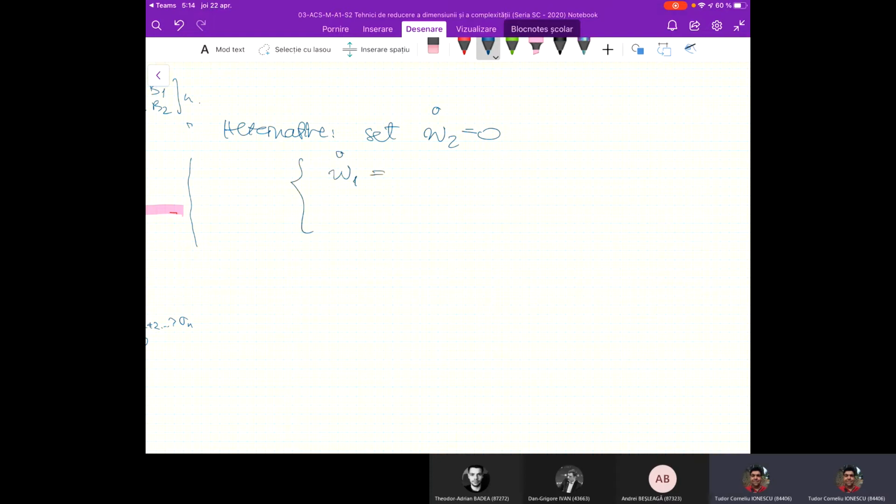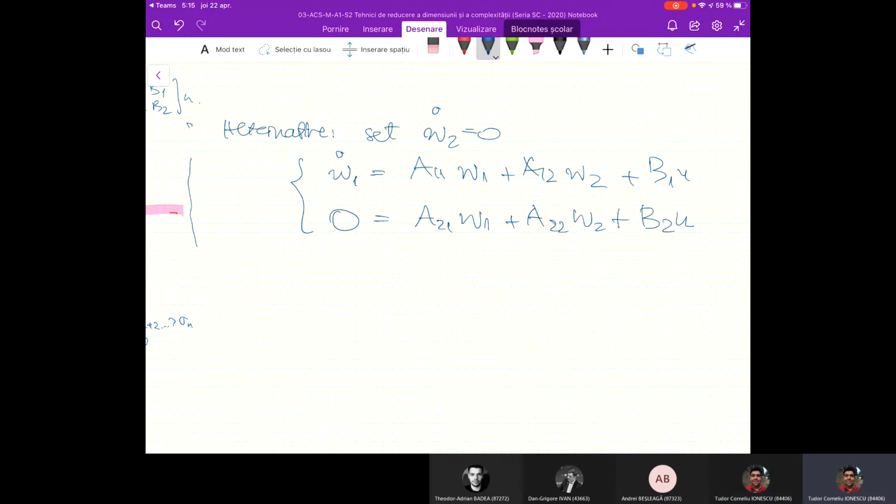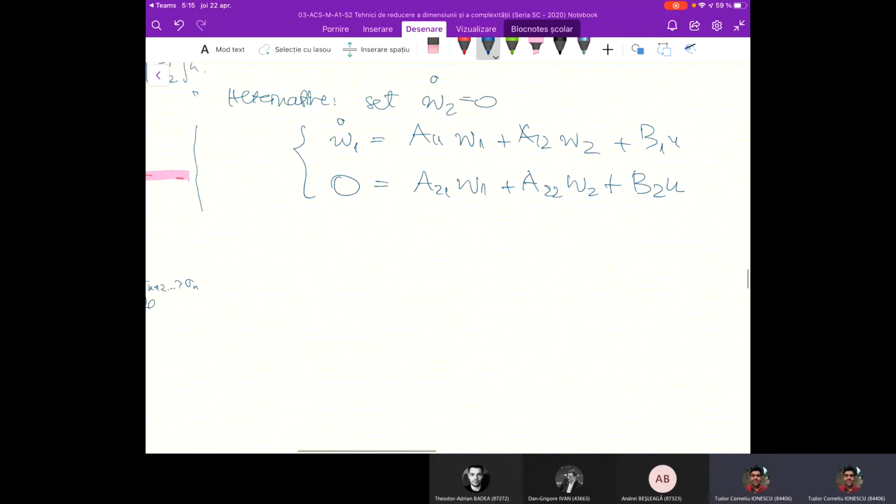W1 dot is A11 W1 plus A12 W2 plus B1 U. And then here you get 0 equals A21 W1 plus A22 W2 plus B2 U. So what do you do in this case?